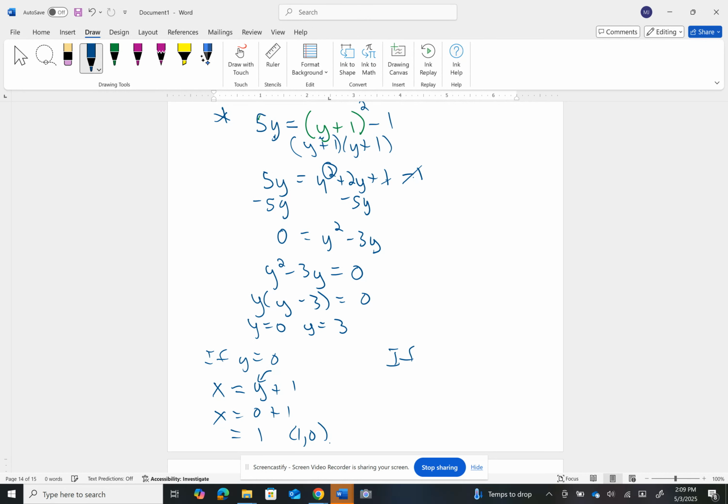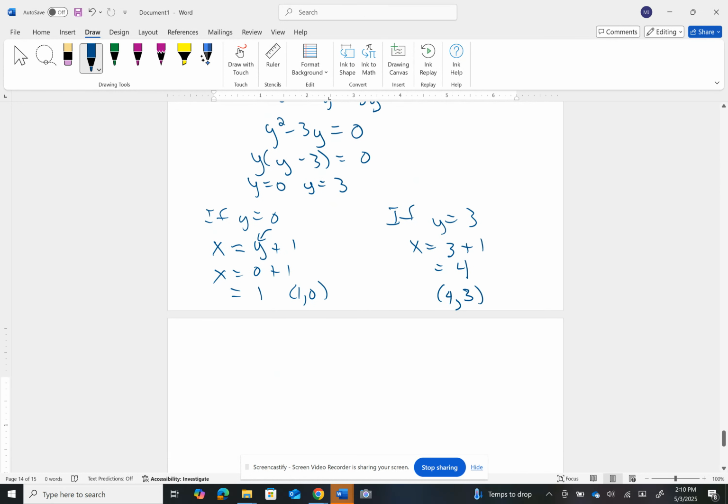Then say, if y equals 3, then x would wind up equaling 3 plus 1, or 4. And so you'd have the ordered pair 4, 3. So you get those two ordered pairs.